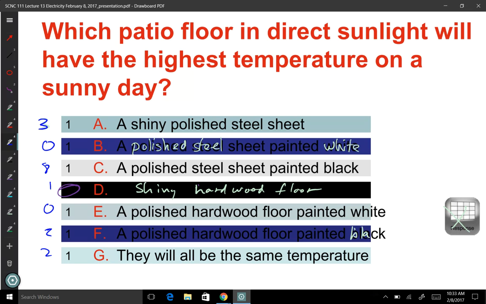Okay. Well, I would say the polished steel sheet painted black, because it's steel, and so I figured that it would absorb heat, and it's a darker color, so it'd be like a good absorber. Okay, it's black, so it's a good absorber. And what difference does the steel make?